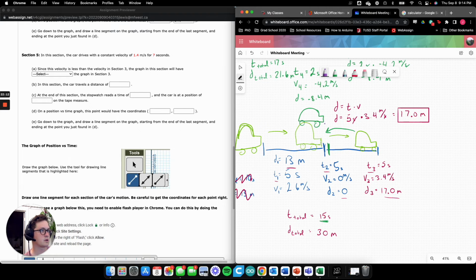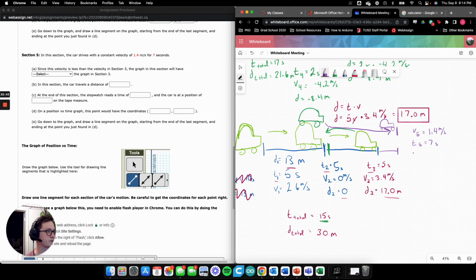So now the car goes back out and goes in forward again, and so it's going to end up out here. Gonna make it small so I don't cover all my work. Okay, so in section 5 we have a velocity in section 5 of 1.4 meters per second. We have a time in section 5 of 7 seconds.